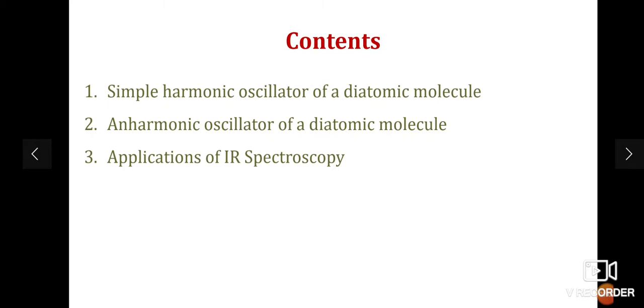In IR spectroscopy, for a diatomic molecule, the direction of dipole will not change, but the magnitude changes when it undergoes stretching or bending. In the last lecture, we saw the vibrational modes of a molecule. There are stretching vibration and bending vibration. In stretching, there are two types, symmetric and asymmetric. In bending vibrations, there are four types: scissoring, rocking, wagging, and twisting.